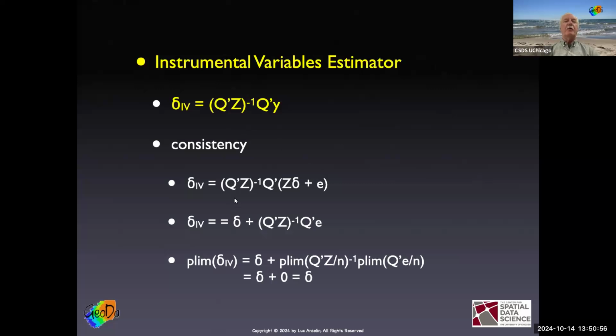And you can prove by working this out that it's consistent, and the consistency is established by the uncorrelatedness in the limit of this instrument matrix and the error term. So some of these we already established because the exogenous ones are uncorrelated. The other ones we established by assumption. We say we pick instruments that are uncorrelated.